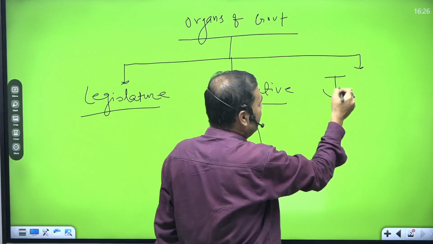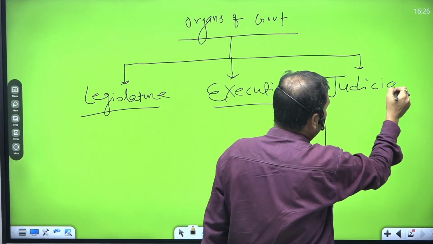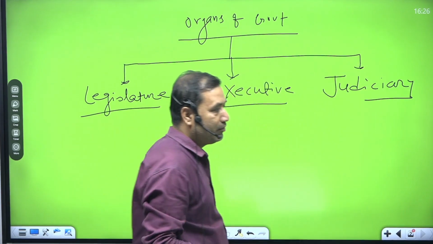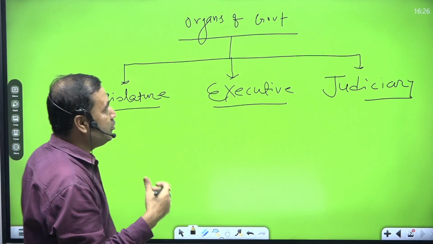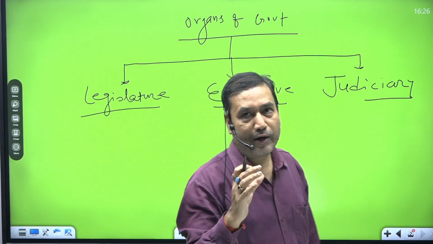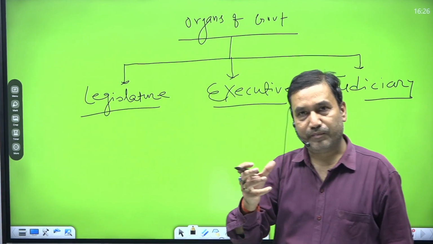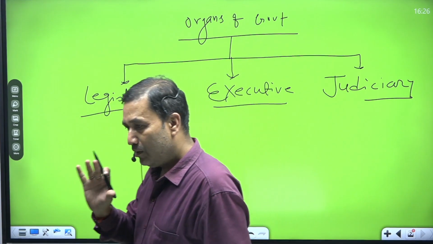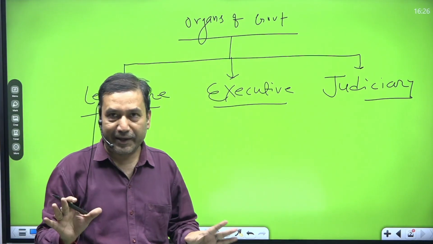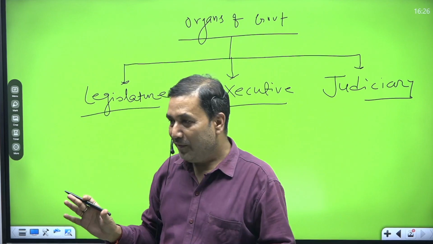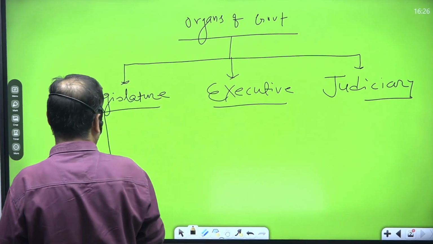Third, judiciary, right? Legislature, executive and judiciary are the three organs of the government. Okay, understand? Any doubt? Clear?